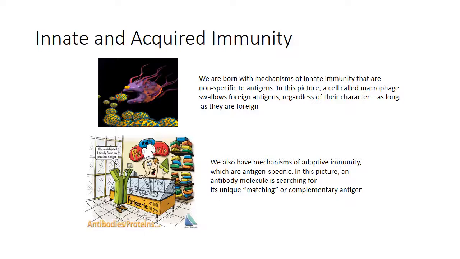And you see this person behind the counter sells different pieces of whatever. I don't know. They are actually foreign invaders, antigens, but some of them have this triangle shape, others have rounded shape, yet others are rectangular, etc.